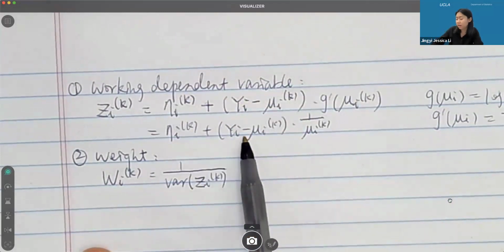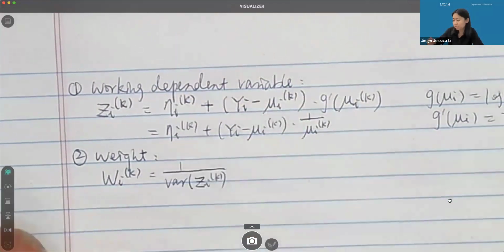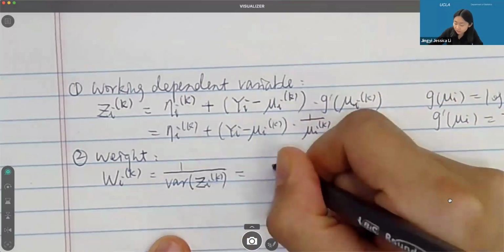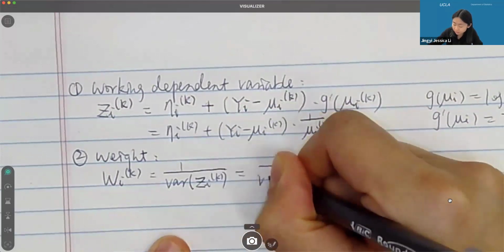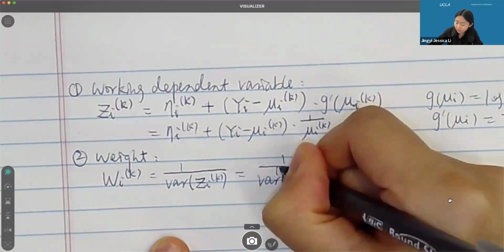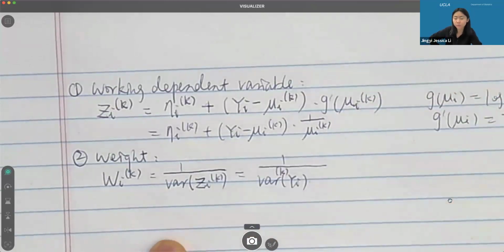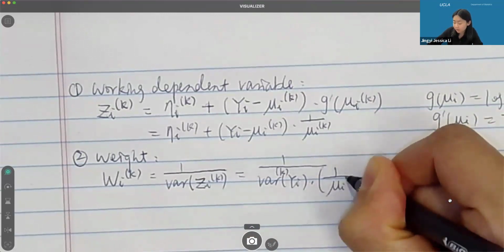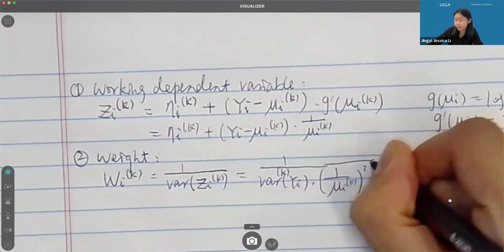Variance comes from y_i because eta_i is supposed to be fixed. So we can actually see it's 1 over the variance of y_i. Please note that the variance should carry k with it because we're using the parameter values in the kth iteration, times the square of mu_ik. Just the variance formula.